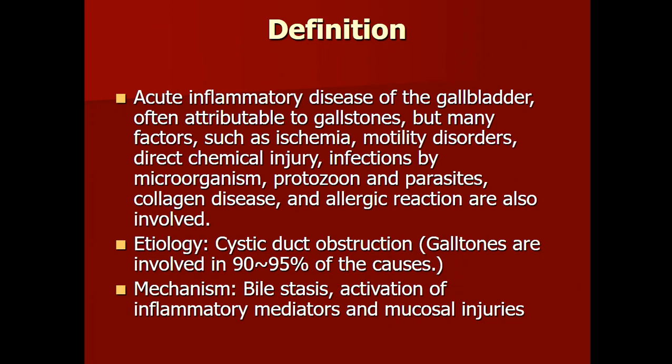If we're speaking about etiology of the disease, generally it's due to cystic duct obstruction, because gallstones are involved in more than 90 up to 95% of the causes. The main mechanism of the development of acute cholecystitis is bile stasis, activation of inflammatory mediators, and mucosal injuries.